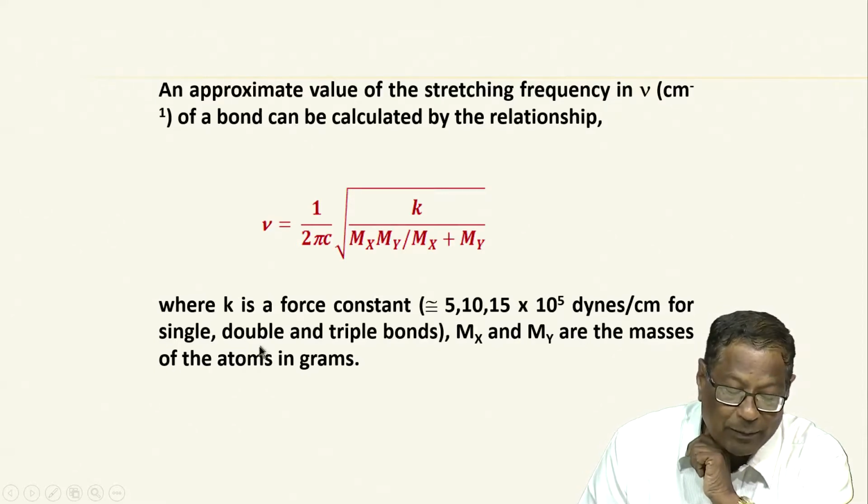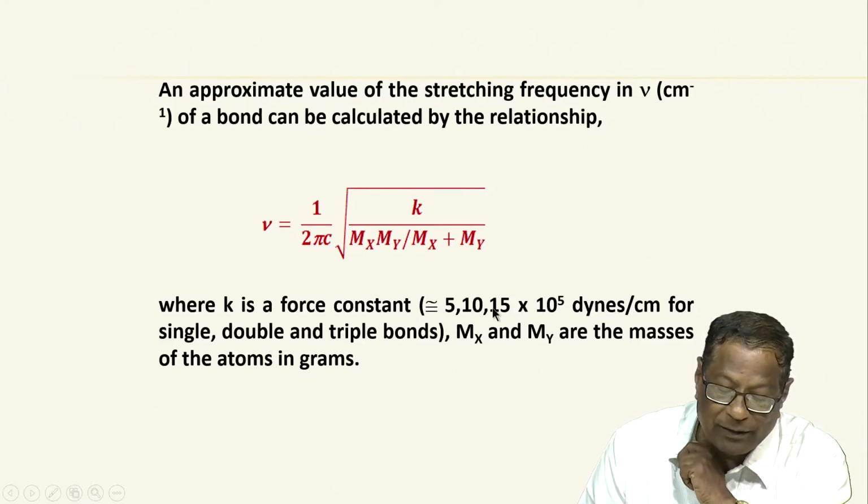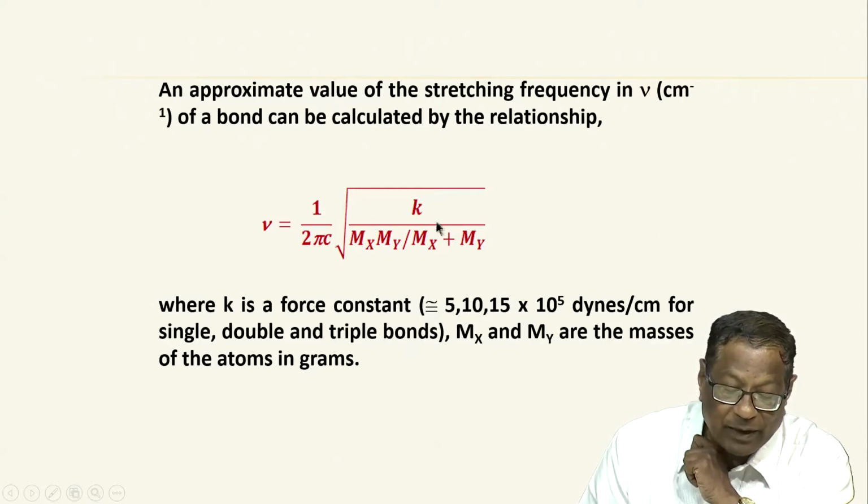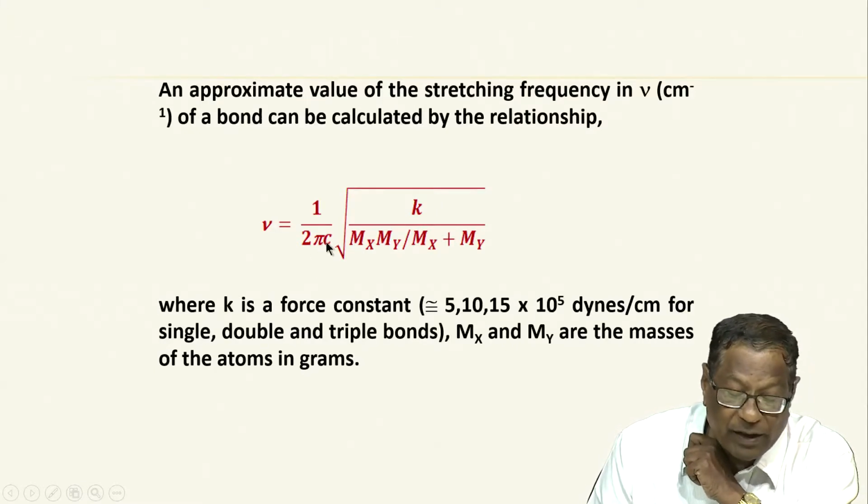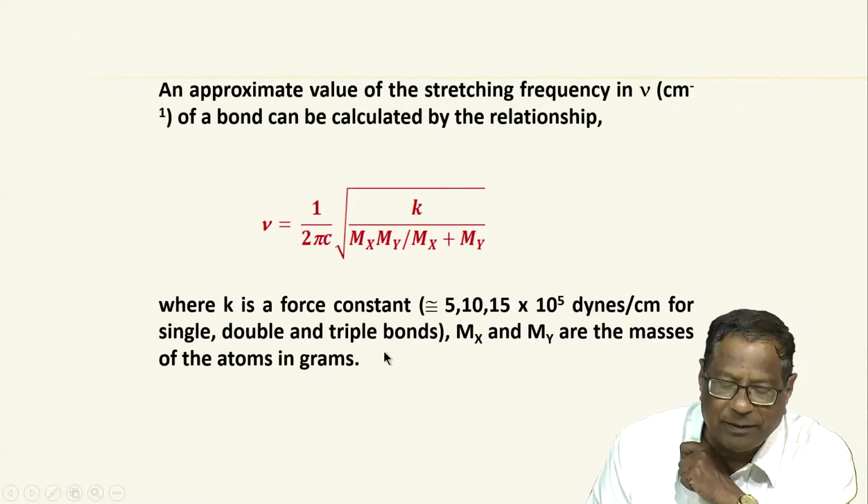For a single bond it is 5 into 10 raised to 5, for a double bond it is 10 into 10 raised to 5, and for a triple bond it is 15 into 10 raised to 5. Pi, you know; c is the velocity of light, nu is the frequency, and mx and my are the masses of the atoms, basically atomic weight.